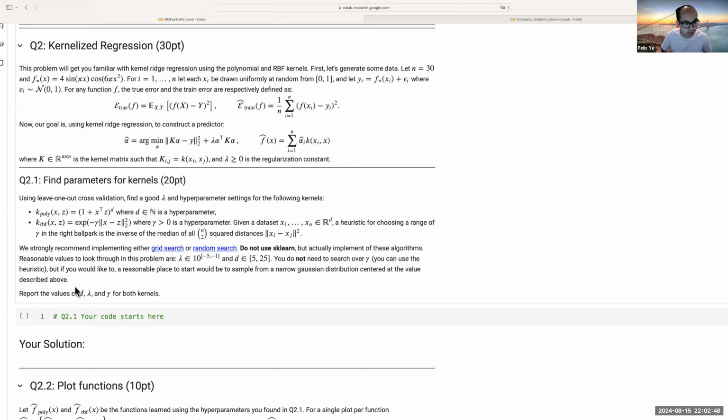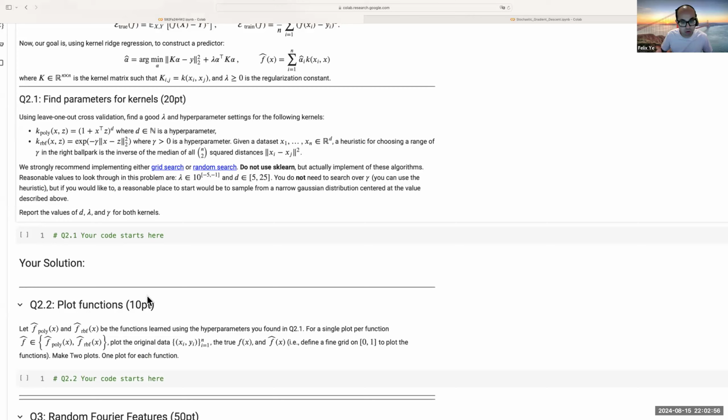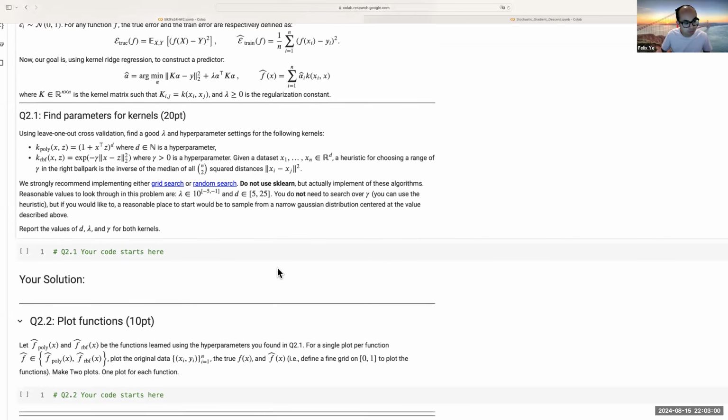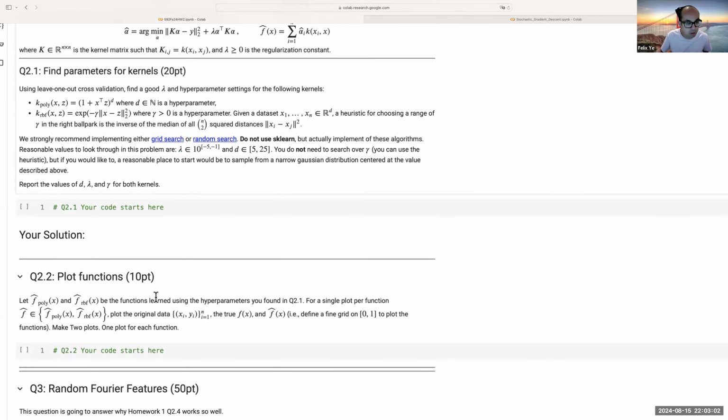You're going to report the values of D, lambda, and gamma for both kernels, and also calculate the training errors as well. For both methods, you have a fit using polynomials and a fit using Gaussian kernels.